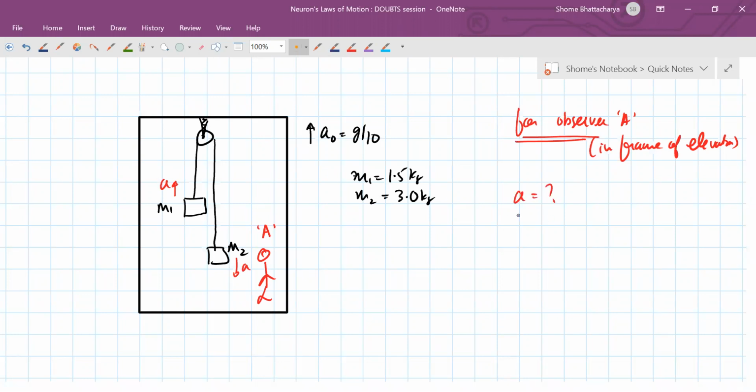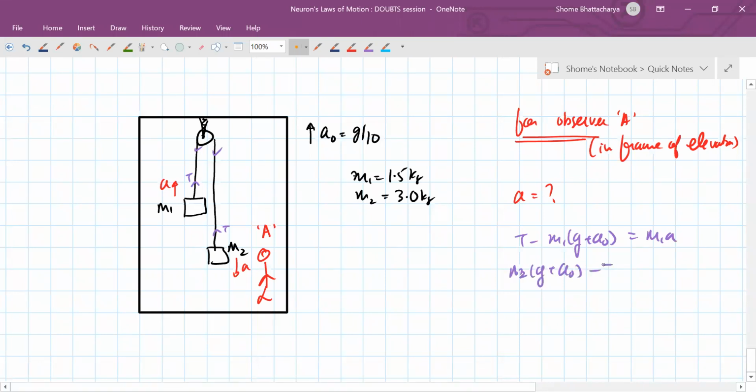So the equations were, if the tension in the string was T, T minus m1 (g plus a0) was m1 a, and for that one we had m2 into (g plus a0). This is the same equation that was written above, so don't worry about this equation, you can check it out later.